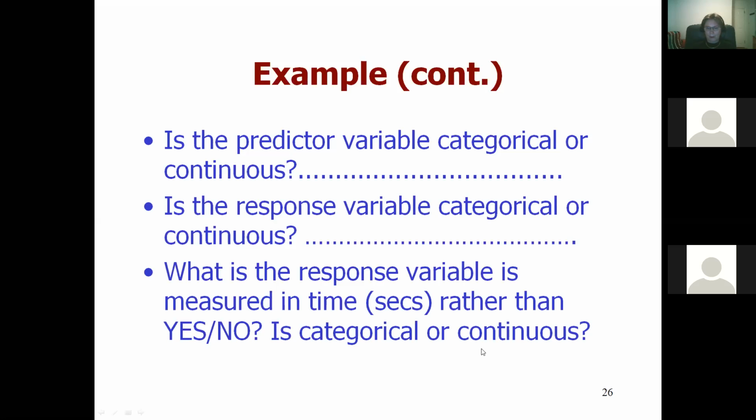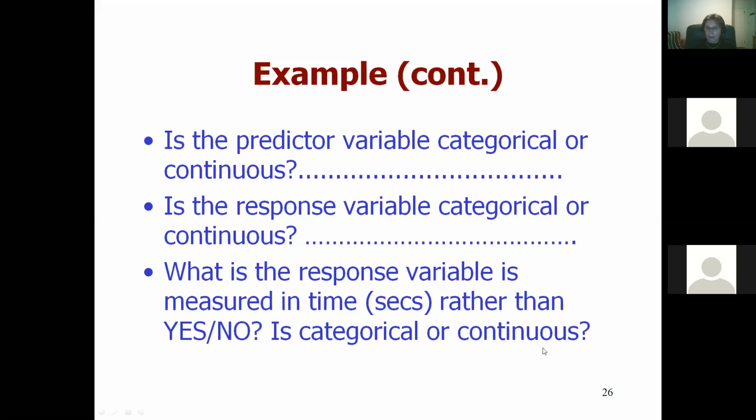Okay. Now, I want you to just step aside from assignment 2 for a second. Let's say, so instead of measuring whether our participant crossed her legs, let's say it's a woman, what I want to know is how fast she did that.